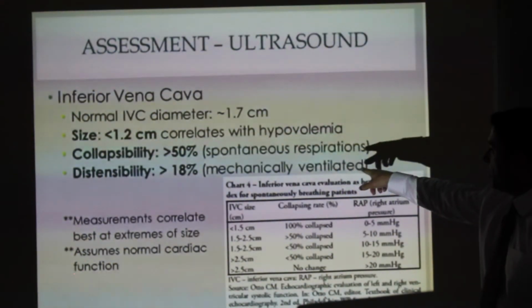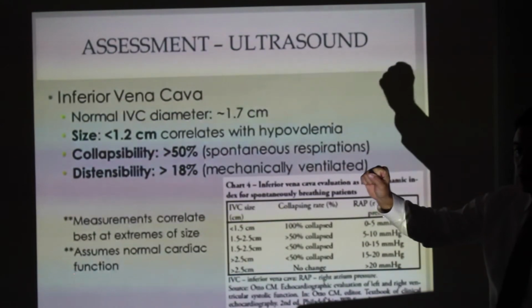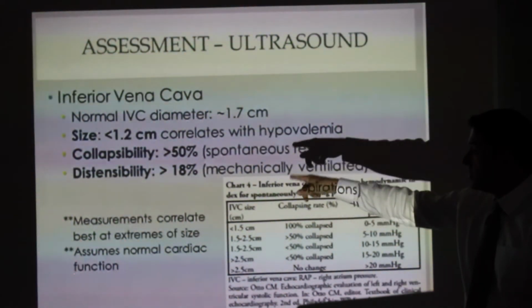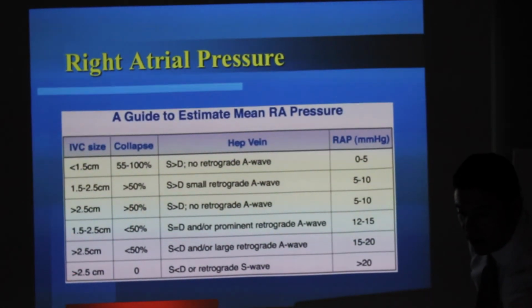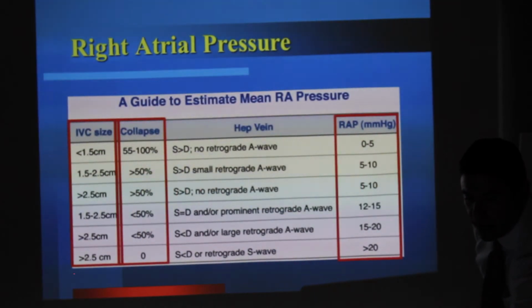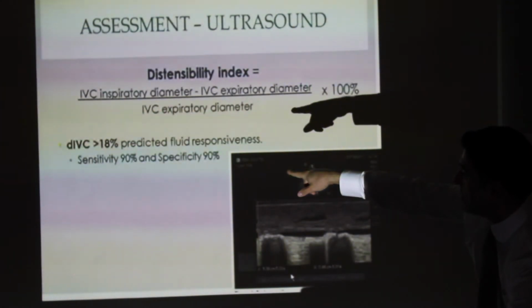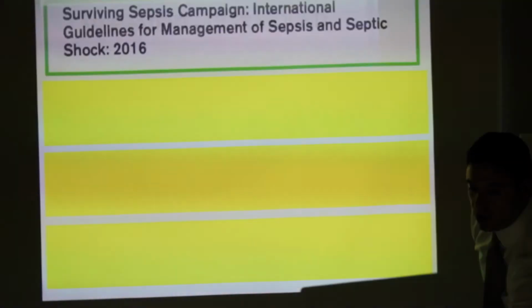In somebody who's spontaneously breathing, you have to see more than 50% collapsibility of the IVC to know that the patient is dry and needs fluid. If somebody is under mechanical ventilation, you need about 18% distensibility. This is side-to-side IVC collapse and right atrial pressure correlation. The IVC distensibility index on somebody on the ventilator has to be more than 18% to predict volume status.